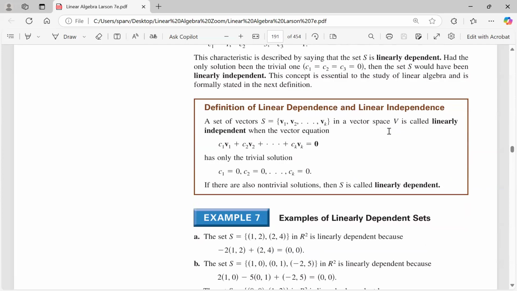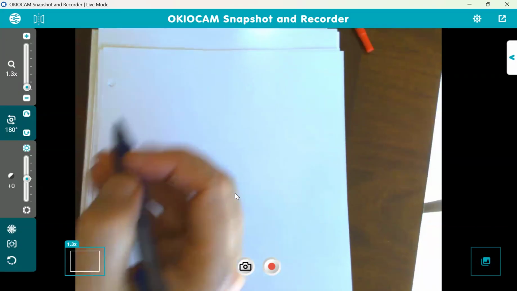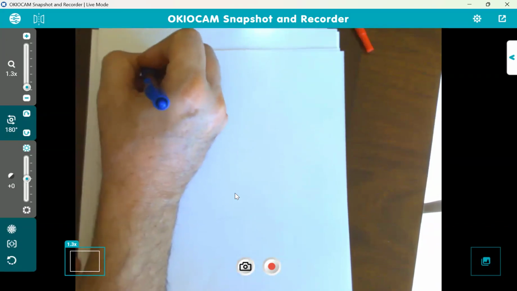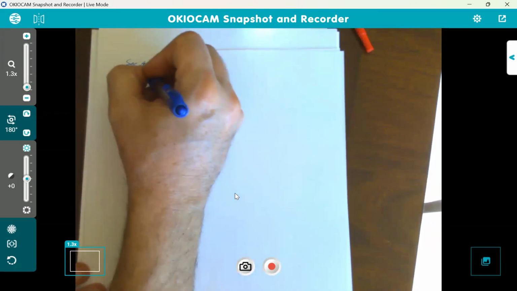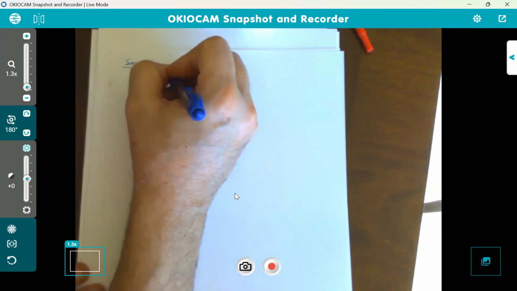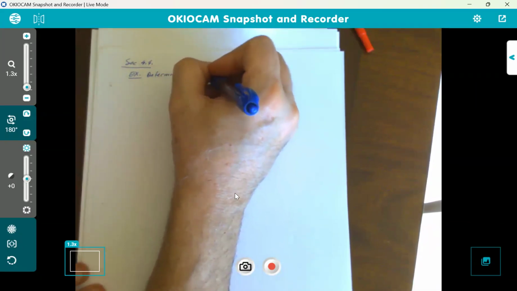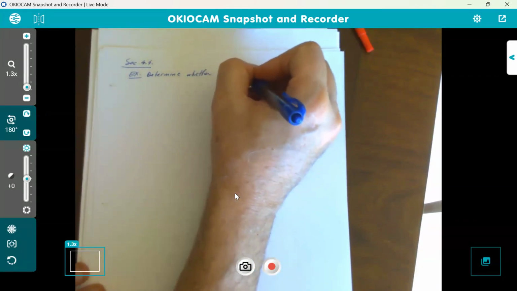So, let me give you an example of this. I'm going to switch my share to my notepad. So let's take a look at this one example. In this example, we're in section 4.4, and this is an example for linear independence. So here's a question. We want to determine whether, let's say my vectors are v1, let me make it (1, -2, 3).